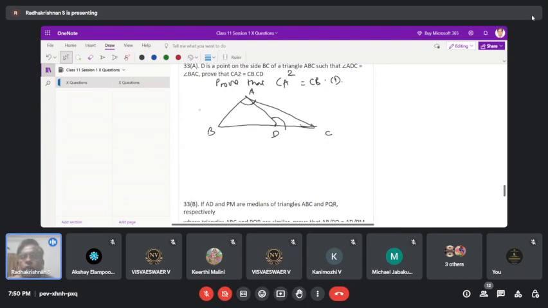For that, we can use the property of similar triangles. Do you see similar triangles here? Look at triangles ABC and ADC.